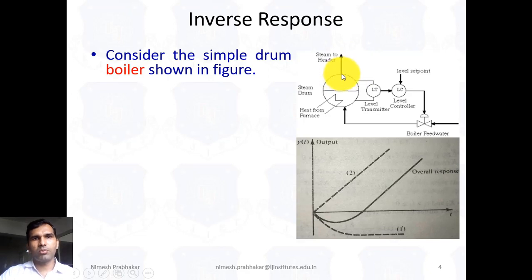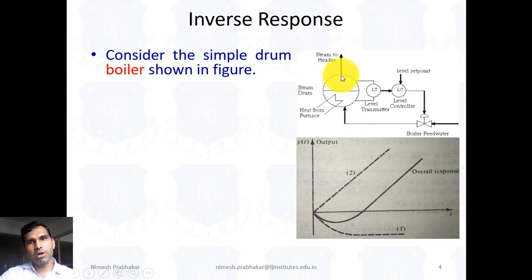First of all, we understand the function of a boiler. The simple function of a boiler is to convert water into steam. In other words, a boiler is used to generate steam. That means we give water as input and we get steam as output.